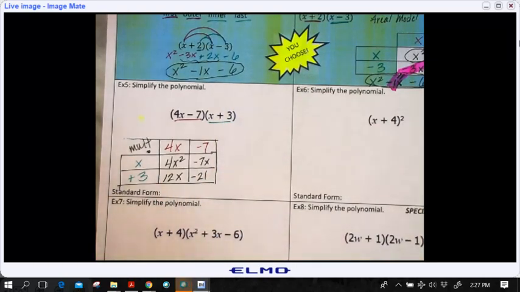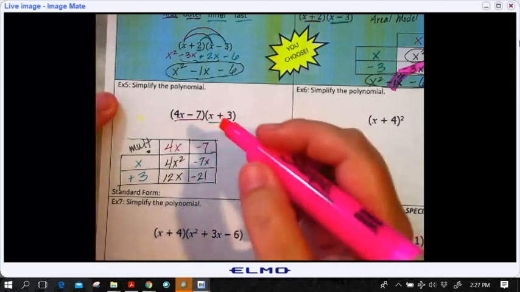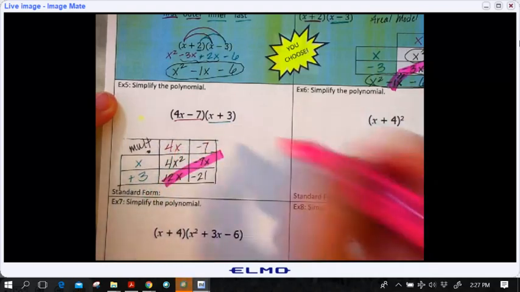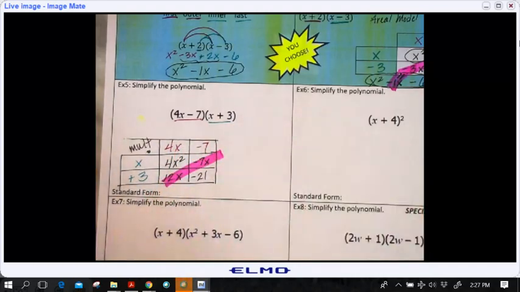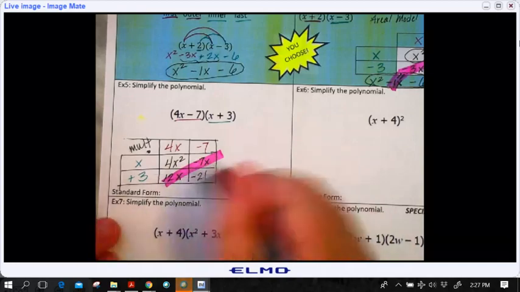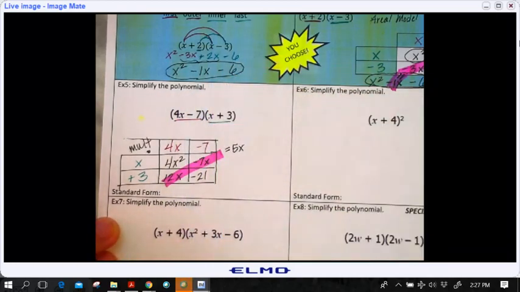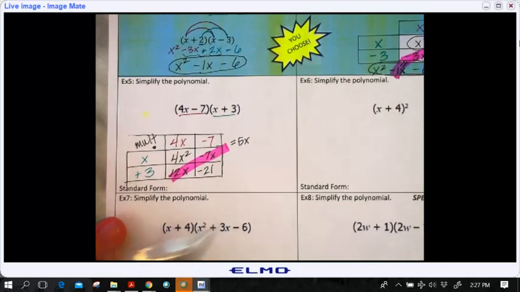Okay, let's do our combining like terms now. So I see a 12x and a 7x, and that's actually minus. So this is going to give me 5x. So let's write my final solution in standard form.